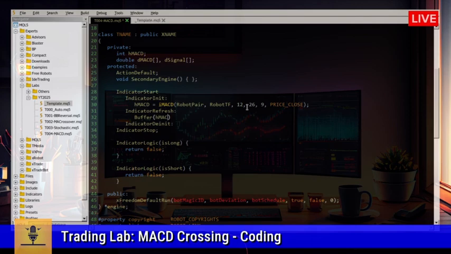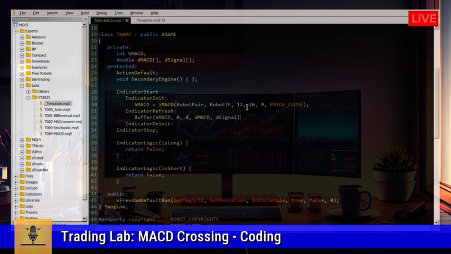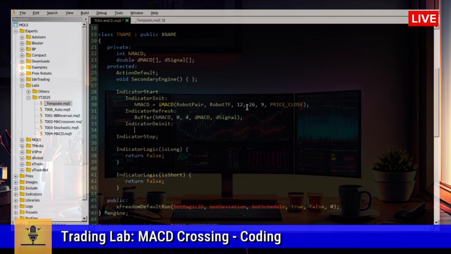After the indicator is ready, we need to retrieve the data and put it into our data variables. Okay, finally, when we no longer need the variables, we just need to free them.